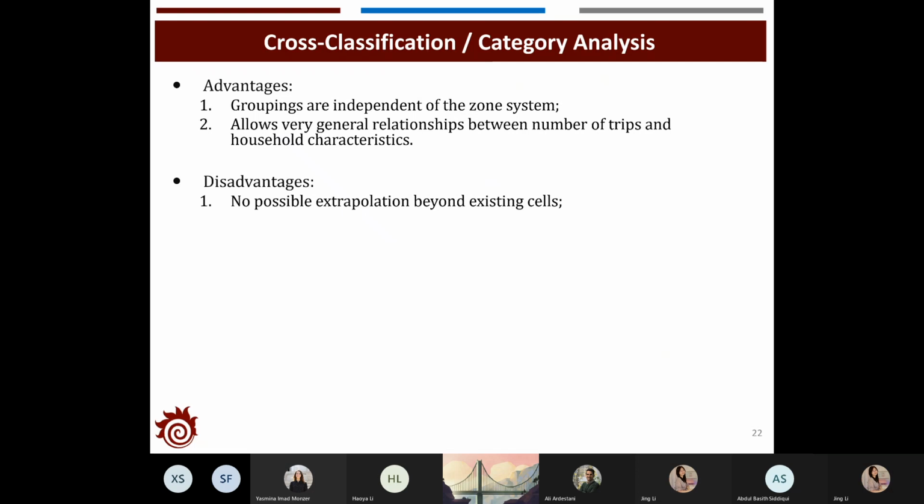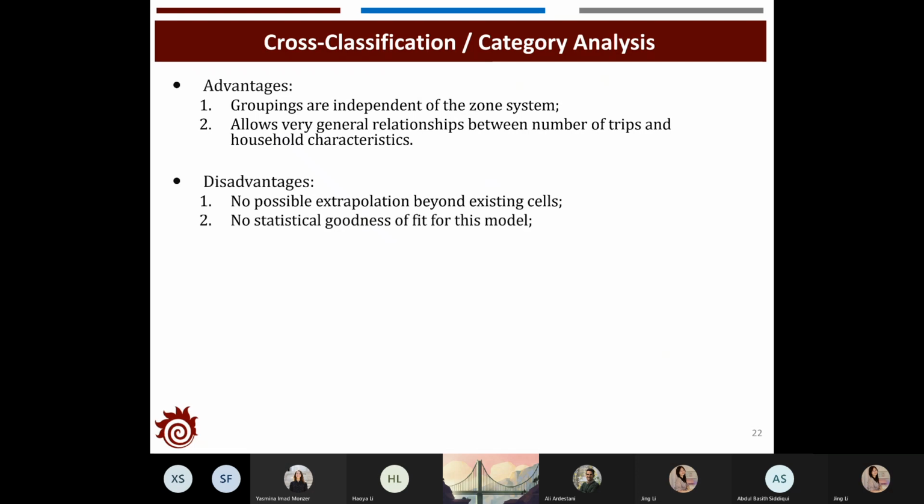For example, in the previous example, we assume a household with at most 5 members, but it's possible that in the future there will be some households with more than 5, 6 or 7 members. In that sense, that category cannot be modeled in the future. So this is apparently a limitation we have to think about.